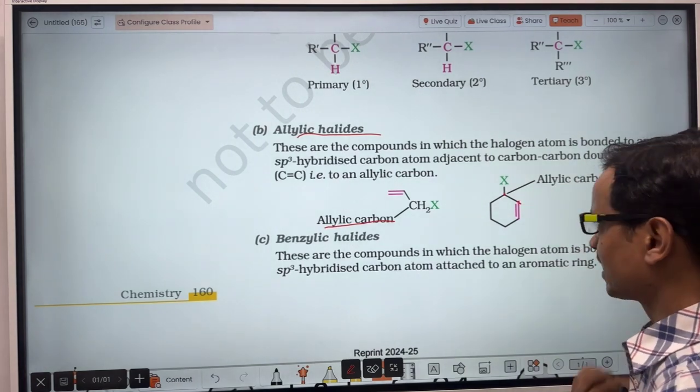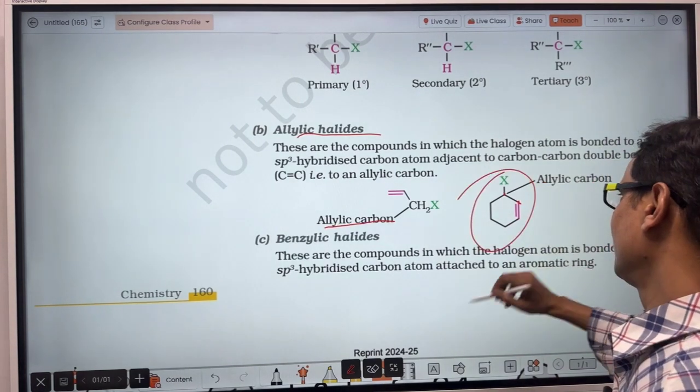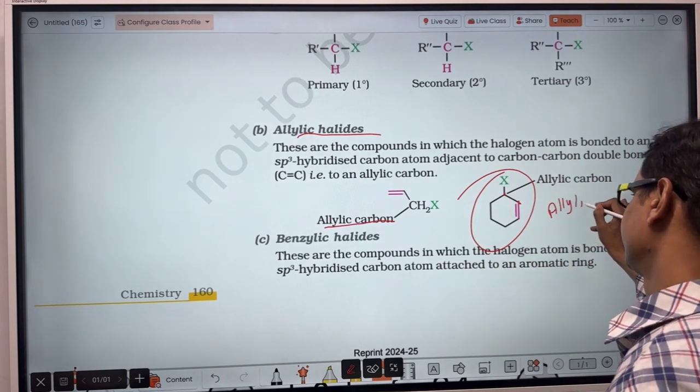So this carbon is allylic carbon, and this compound will be called allylic halide.